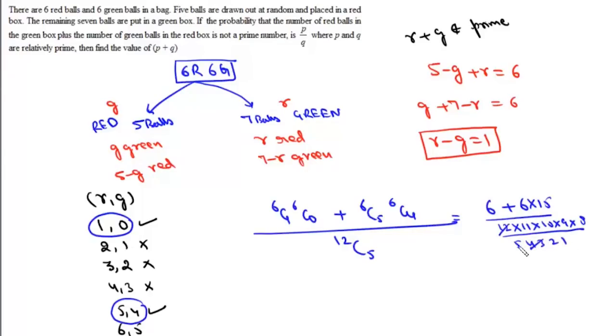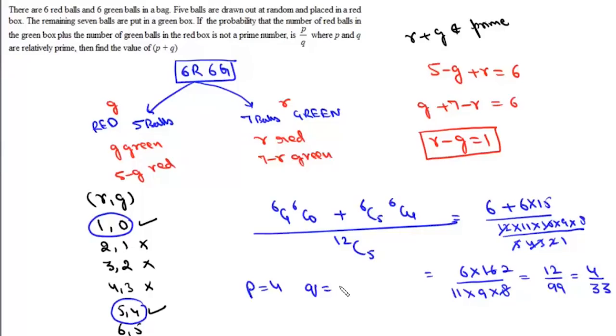Now 4 into 3 is 12, 5 into 2 is 10. Now this value is 6 into 16 upon 11 into 9 into 8. Now this is 2, so it will be 12 upon 99, which is 4 by 33. So in this case, the value of P is 4 and the value of Q is 33. Now we need to find the value of P plus Q, which in this case is 37, and that is the answer to this question.